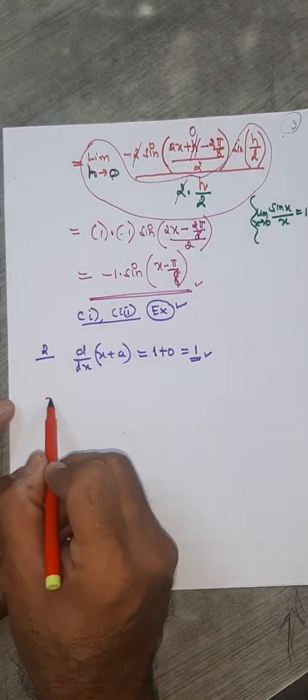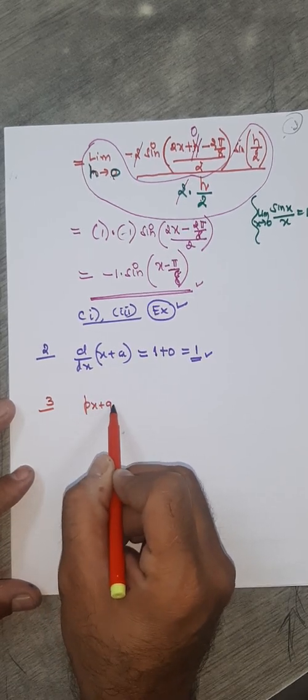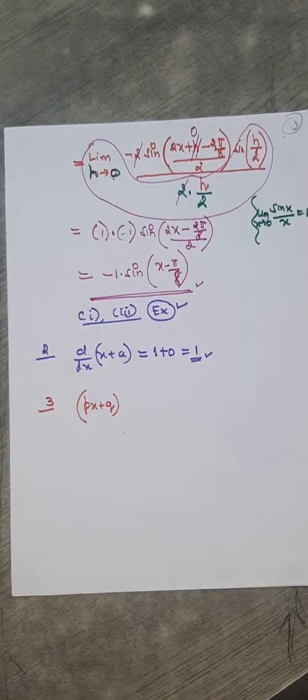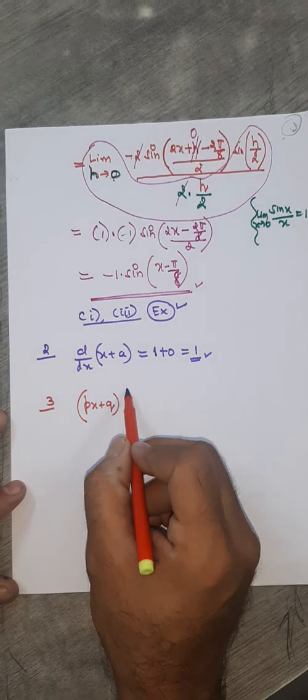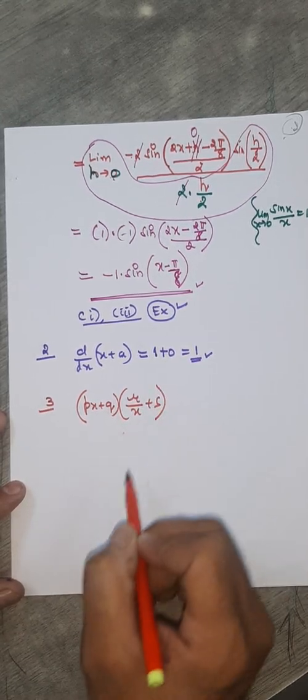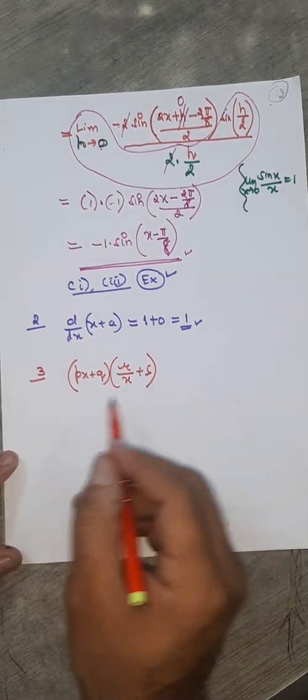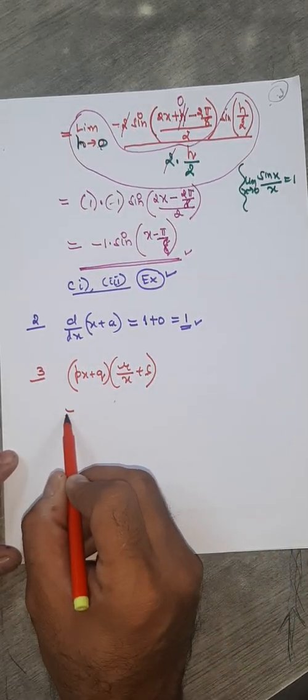Question number 3, the third one, which function are you given? (px plus q) into (r by x plus s). Now there are two ways. Directly you can use the working rule, or you can open the bracket and then do the differentiation.